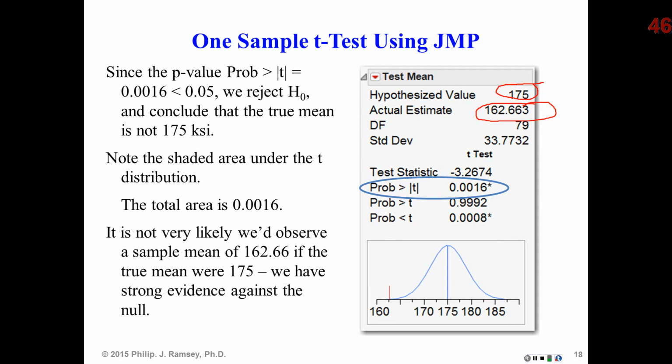In other words, only about 0.16% of sample averages could be more extreme. Therefore, we reject. This p-value is so small, there's no way we would have observed 162.7 if the theoretical mean were actually 175.